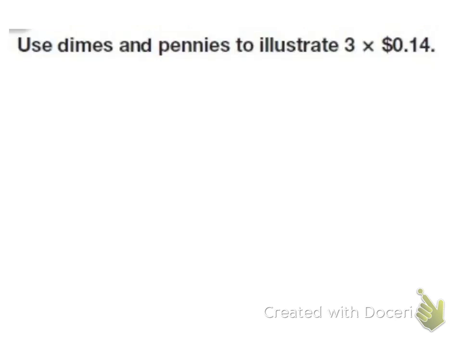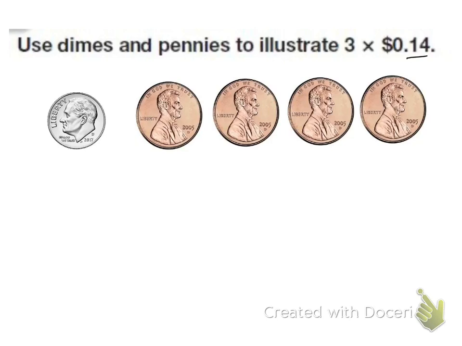All right, so this one says use dimes and pennies to illustrate 3 times 14 cents. So to do that, for 14 cents, I would need 1 dime and 4 pennies. I think I said that wrong. Okay, so since I need 3 times that, that means I'm going to need 3 dimes.